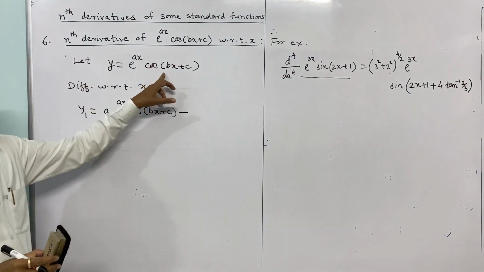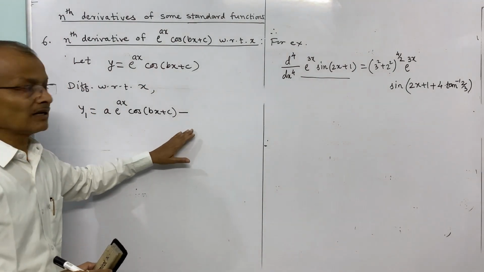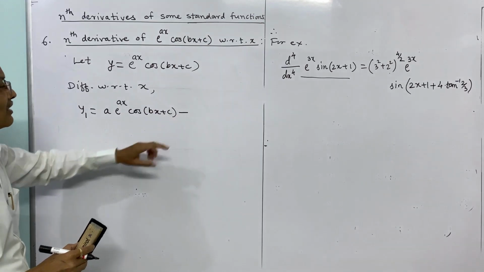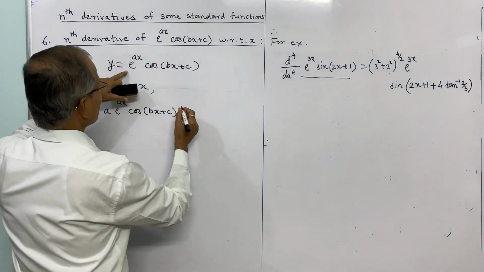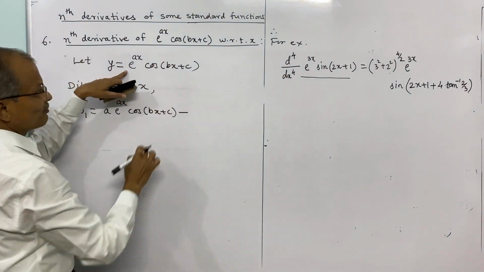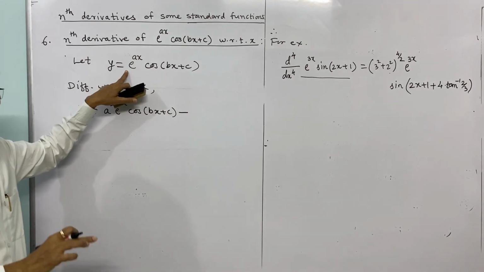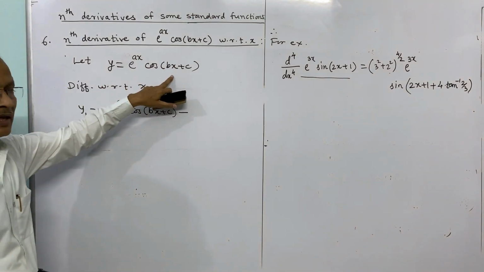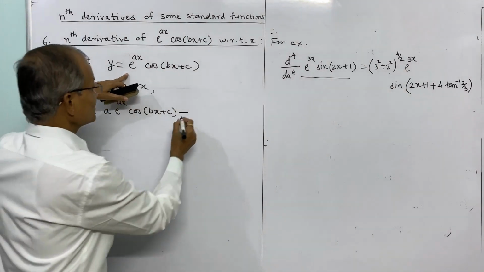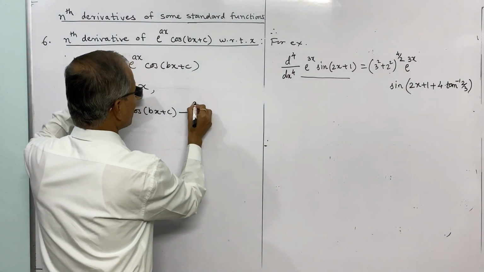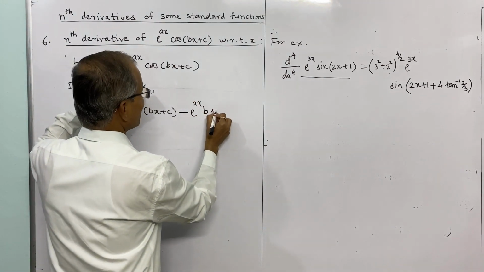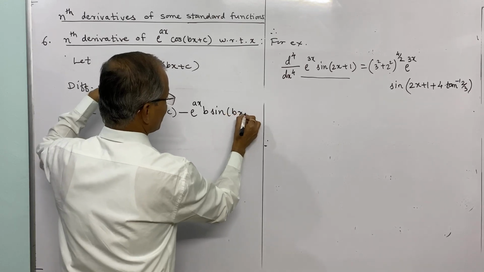Derivative of cosine is minus sine, and thus that minus sign I shall write first. This function is as it is, and the derivative of cos of bx plus c is minus sine of bx plus c multiplied by b. So therefore this will be e to the power ax b sine of bx plus c.